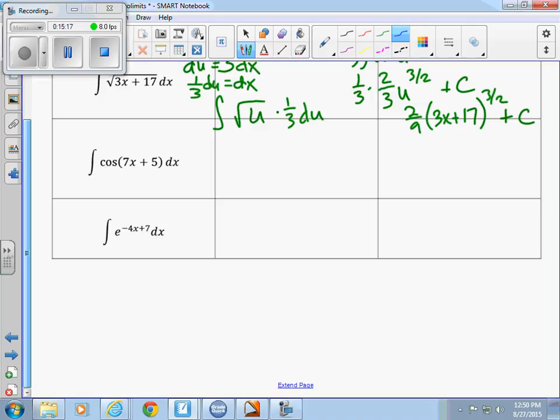What am I going to let u be on the next one? So what would du be? So negative 1/4 du equals dx.